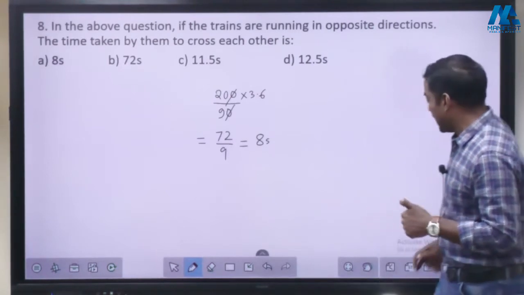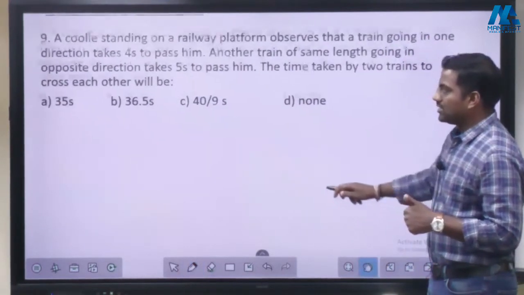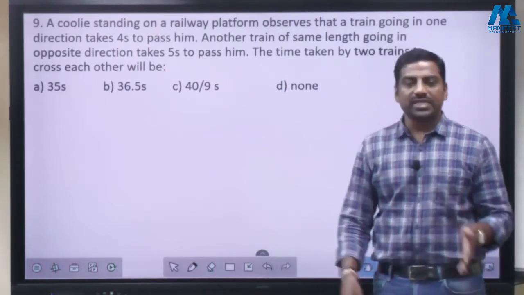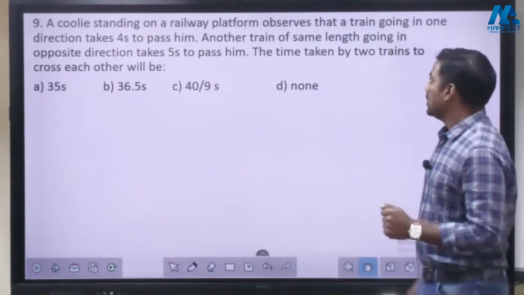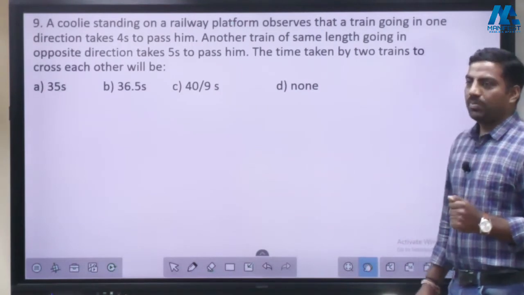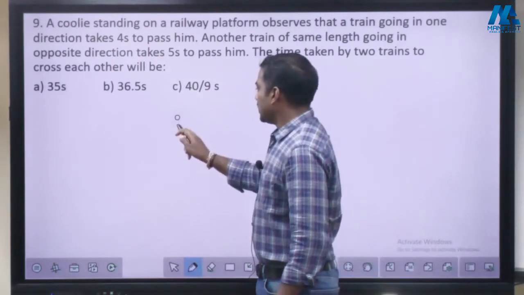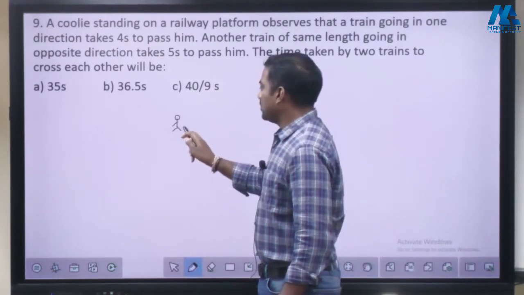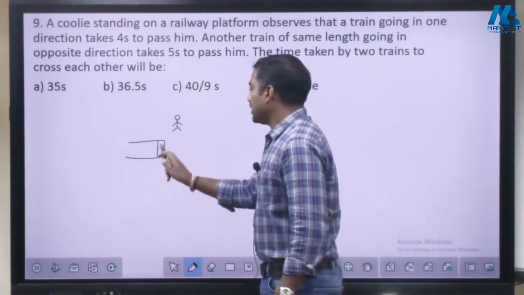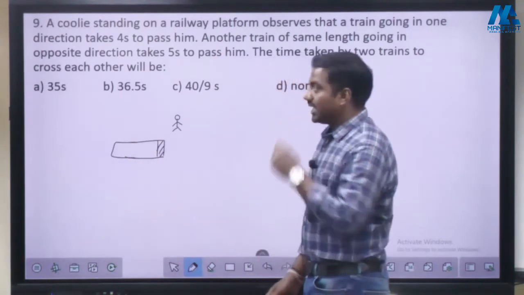Done? Next question. A coolie, very good question. This is a coolie standing on a railway station. So imagine a person standing on a railway station who observes that a train going in one direction takes 4 seconds to pass him. One train is coming and he perceives that this train is crossing him in 4 seconds.